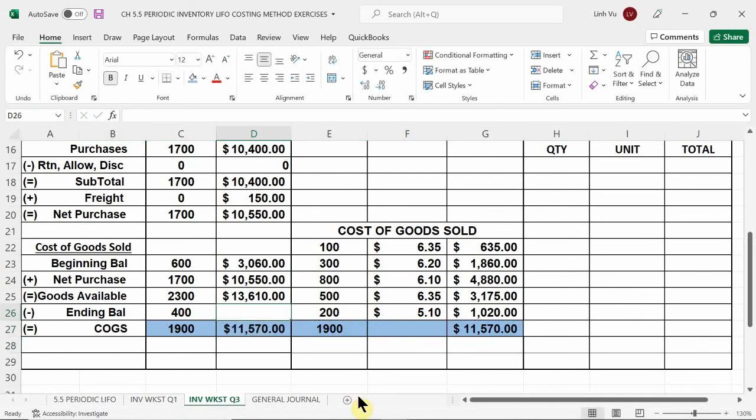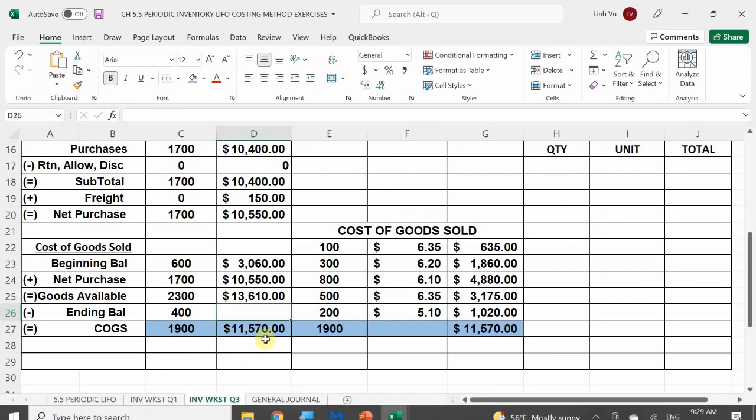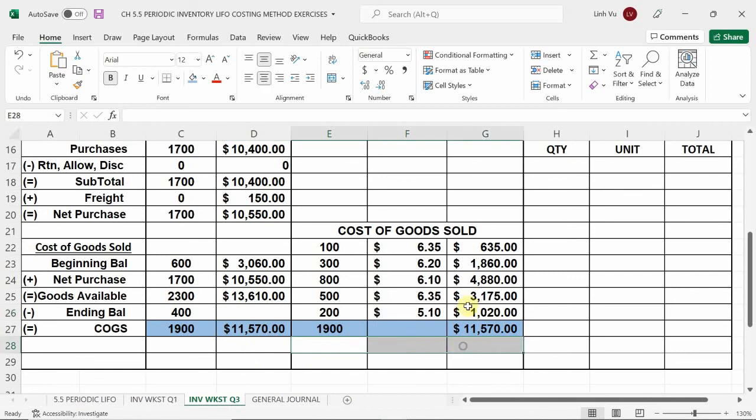Okay, so in this case, what is my total ending inventory? And then you can make your little table here too if you want to. What is my total ending inventory?